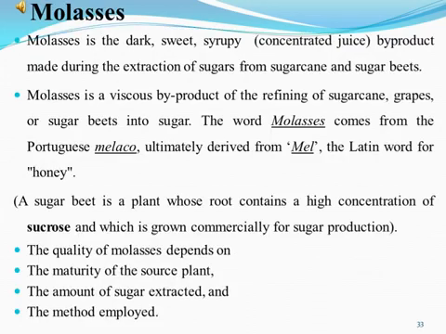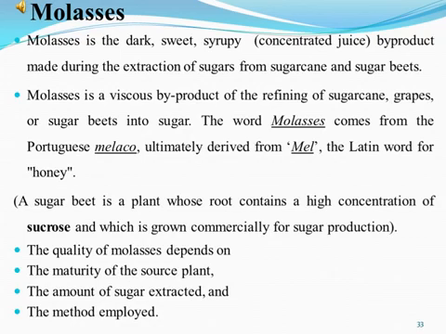Molasses. Molasses is the dark, sweet, syrupy, concentrated juice byproduct made during the extraction of sugar from sugarcane and sugar beets. In other words, molasses is a viscous byproduct of the refining of sugarcane, grapes, or sugar beets into sugar. The word comes from the Portuguese melaço, ultimately derived from mel, the Latin word for honey.